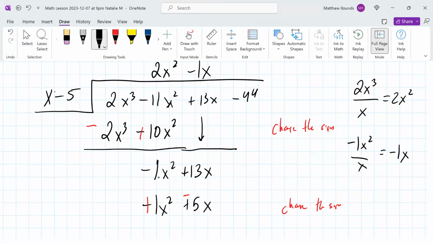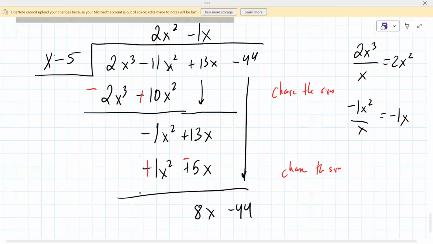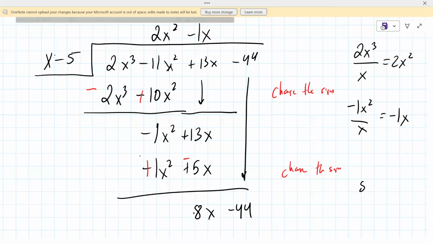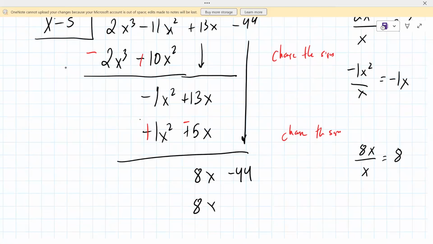This is 8x minus 44. Same thing, you have to say, what do you multiply x by to get 8x? If you're not sure, you take the 8x and divide it by x. So then you multiply here, 8 times x is 8x minus 40.